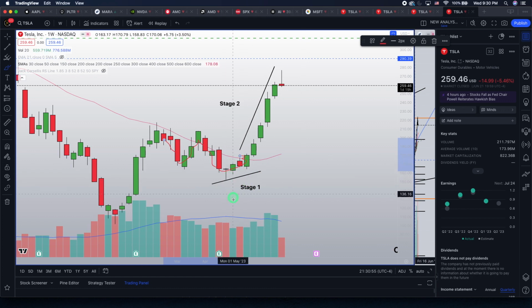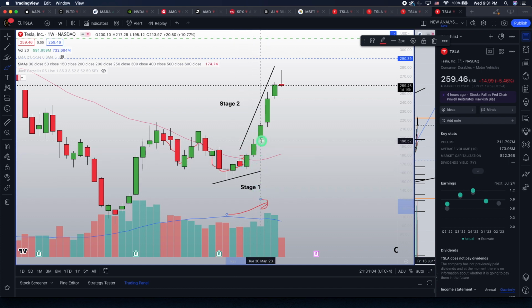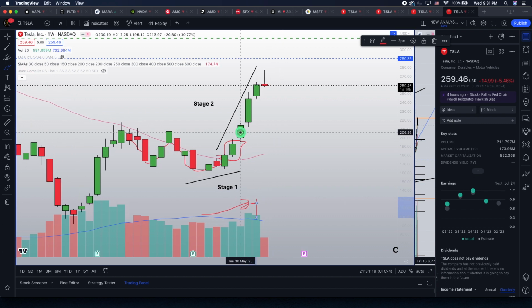Usually towards the end of that, the volume starts to increase a little bit until you finally get that break above the 30-week moving average, which we did over here, right? So we broke above our 30-week moving average, and then we confirmed it with follow-through and more volume as well. All right, so we are definitely in our stage two.